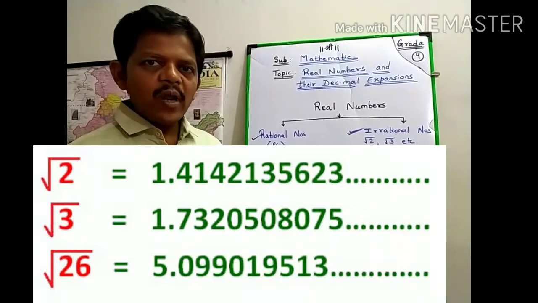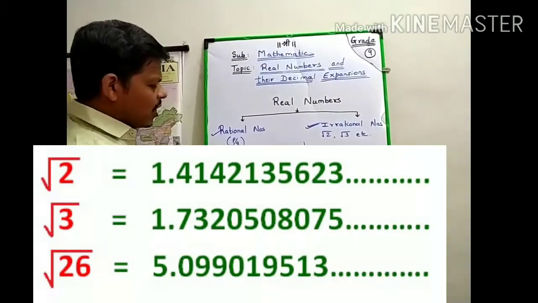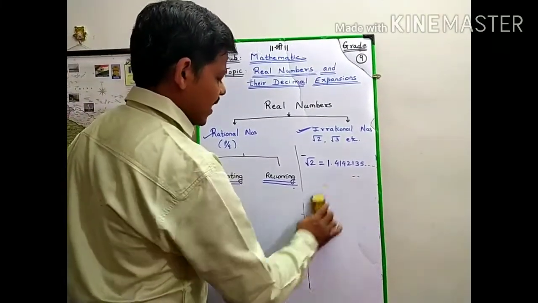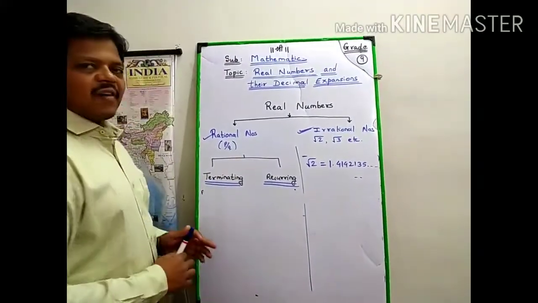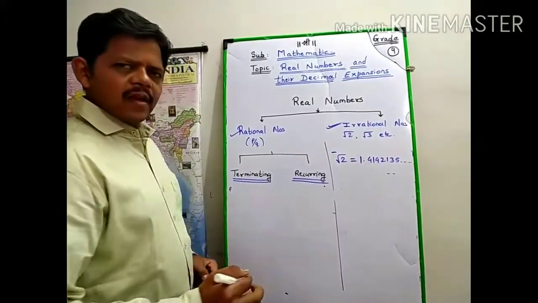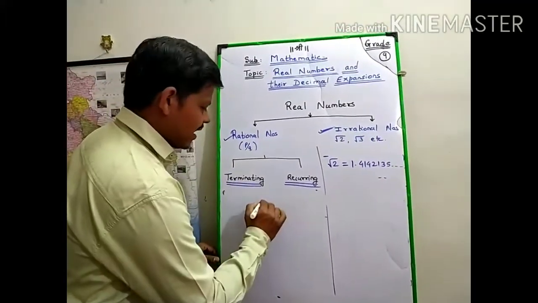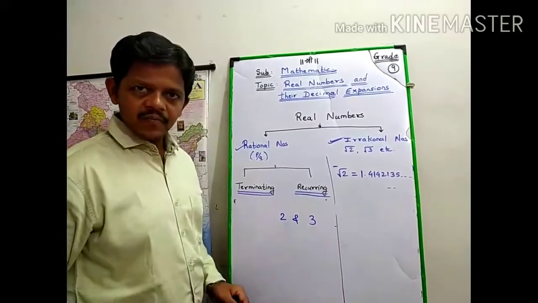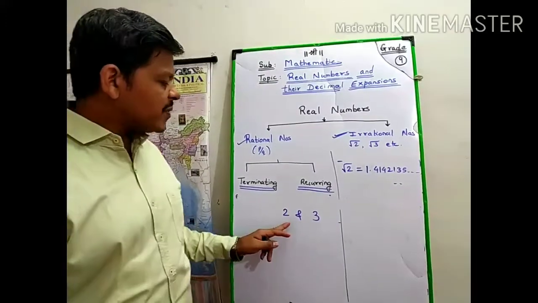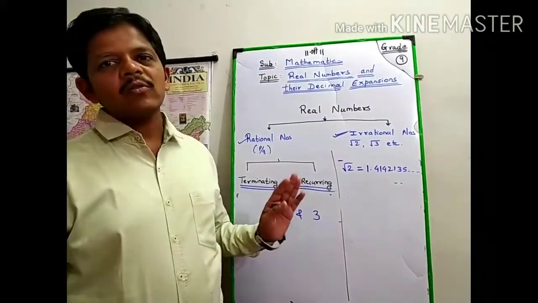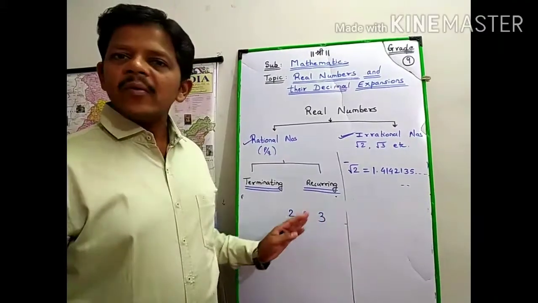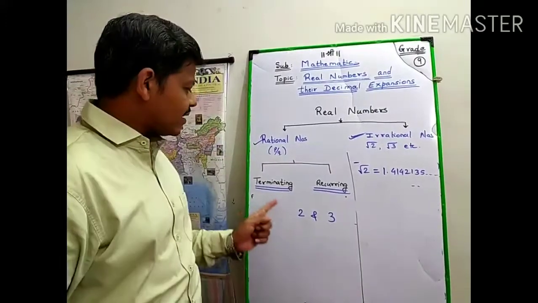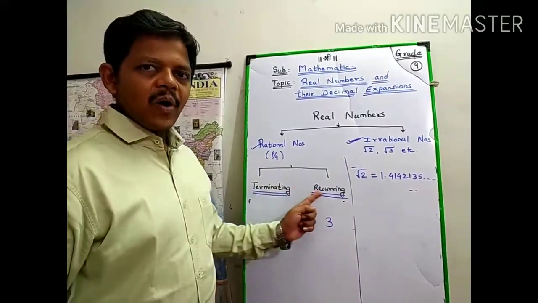Very quickly what we'll do is try to write a few rational and irrational numbers. Now if they have asked me to write say 3 rational and irrational numbers between 2 and 3, correct? You know that 2.1, 2.2, all those numbers till 2.9 will lie between 2 and 3. So I want 3 rational numbers. How are they rational? Either terminating or recurring.